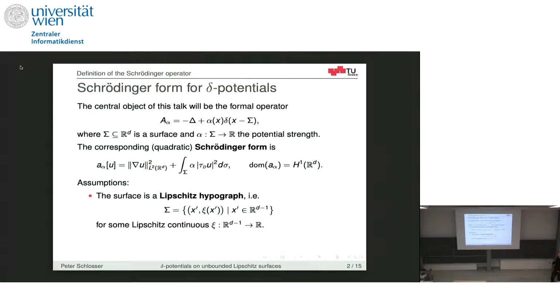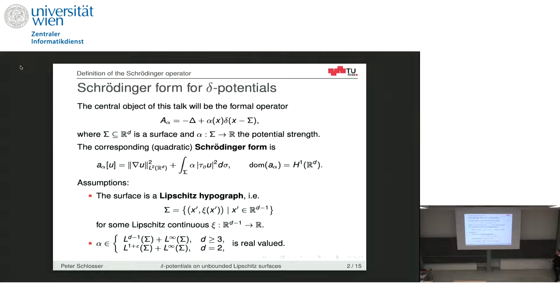Okay. For the surface, let's say for simplicity, I take a Lipschitz hypergraph here. So just some Lipschitz continuous function psi here, and we take just this hypergraph. And for the potential alpha, this is more what I want to talk closer to, is kind of this general. Okay, first of all, it is real valued in order to make it a self-adjoint operator in the end.